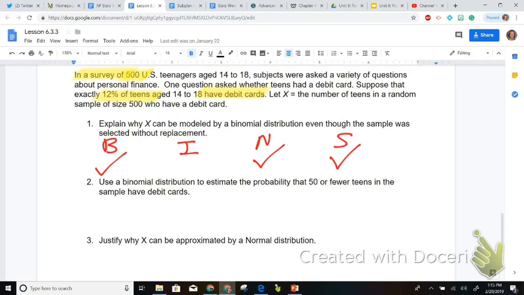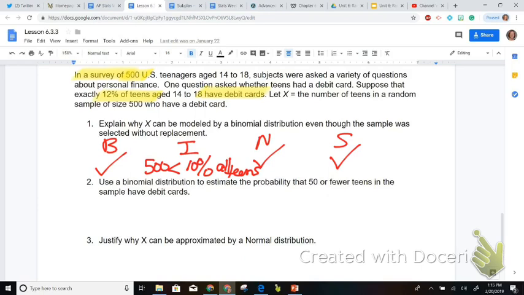However, I'm picking 500 different teenagers. I'm not placing them back in the pool, which means that it's not technically independent. However, 500 is less than 10% of all teens.